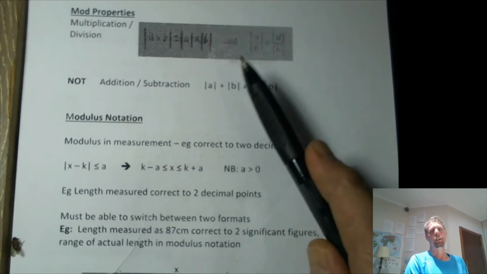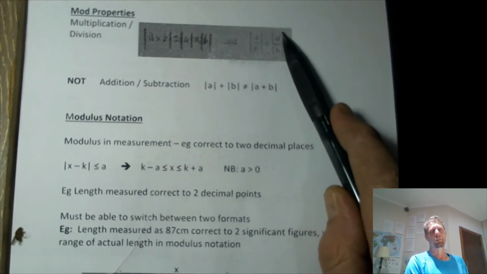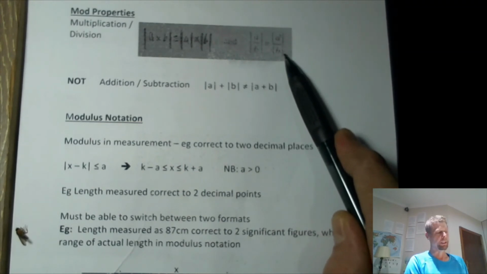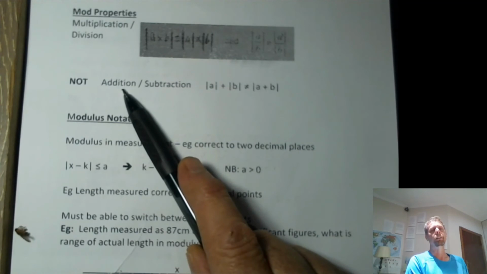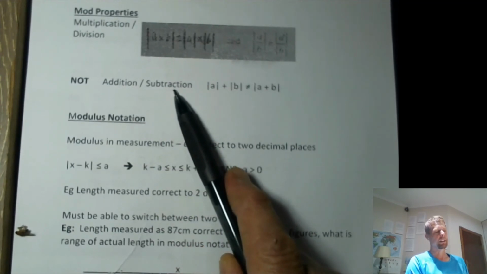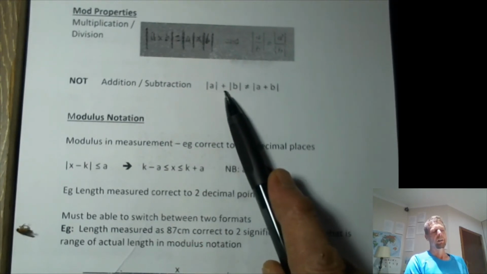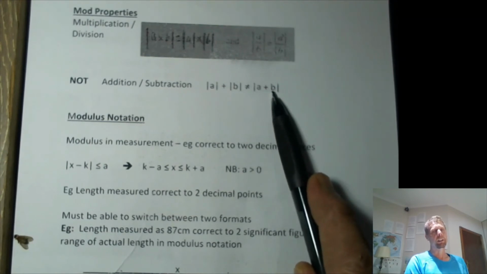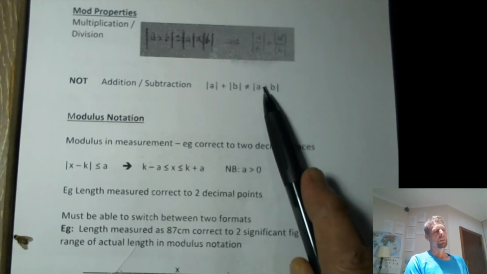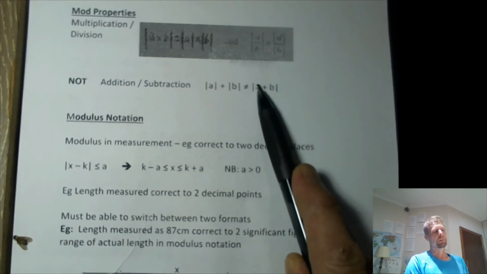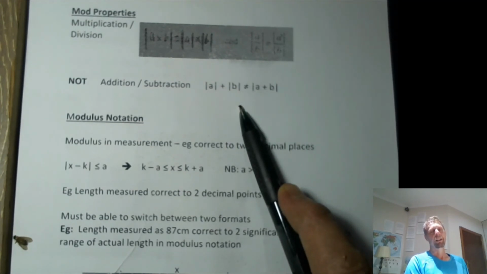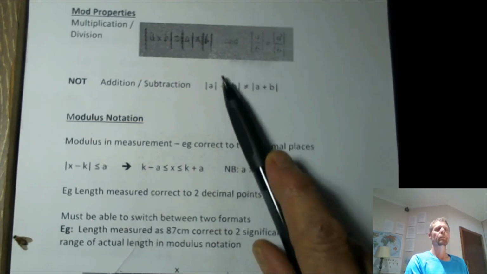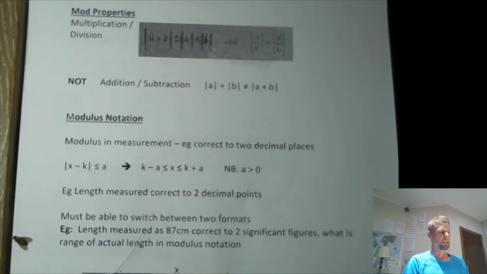And similarly, mod of a over b equals mod of a over mod of b. So that's one of the rules. Please, this does not apply to addition and subtraction. Mod of a plus mod of b is not equal to mod of a plus b, because a and b could have opposite signs. They could be fighting each other, but when you add them, they're going to be big. So remember that addition does not apply, multiplication and division does apply.